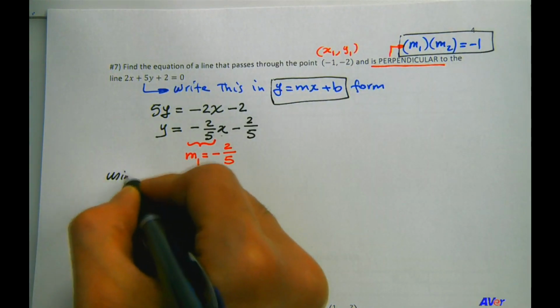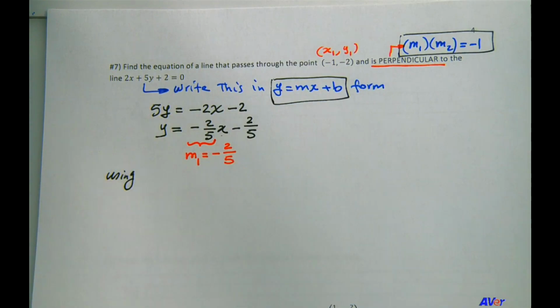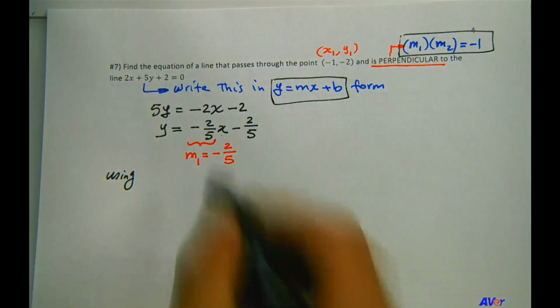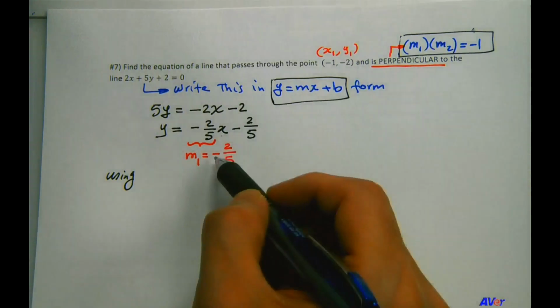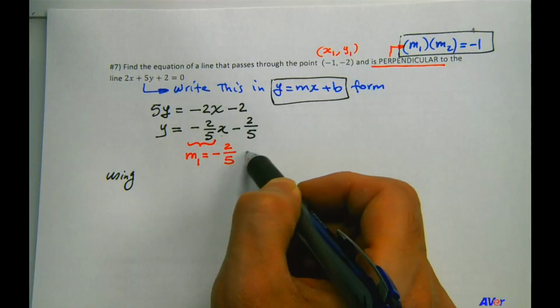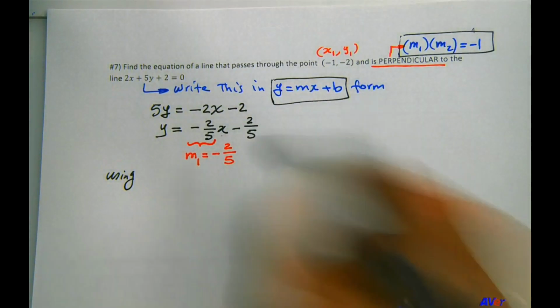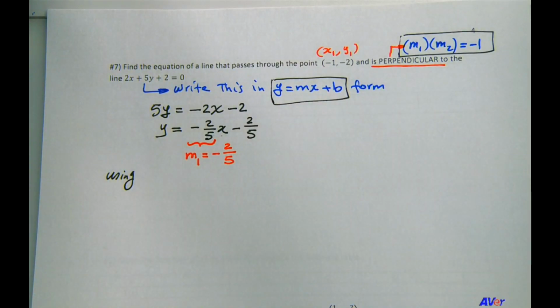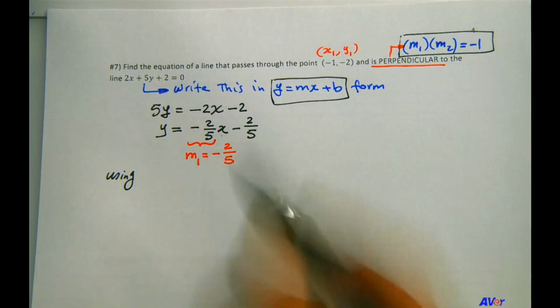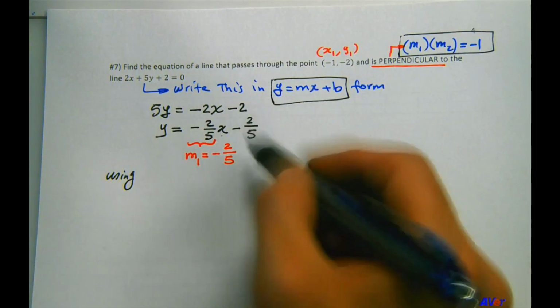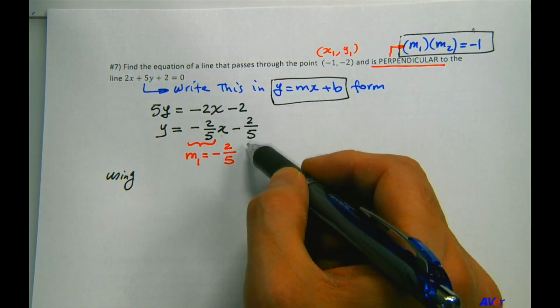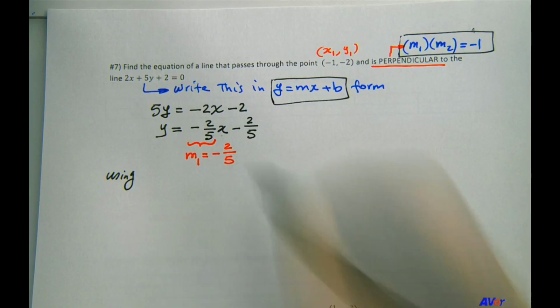I'm writing this down because some of you might be wondering how we can solve for m2, but you don't even need to solve for that. -2/5 times what number, you'll get -1. Well, times 5 over 2. So you don't have to go through this. If you see right away that the slope of the perpendicular line should be positive 5 over 2, you don't have to go through this.